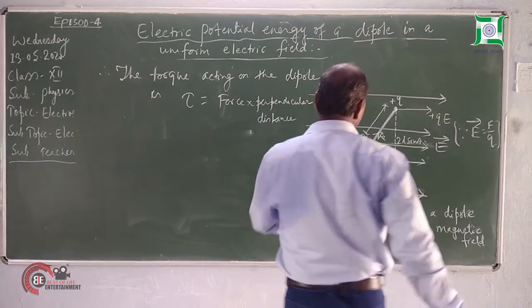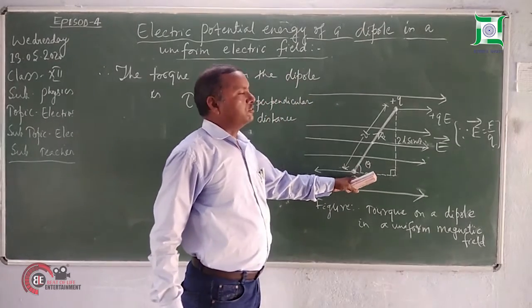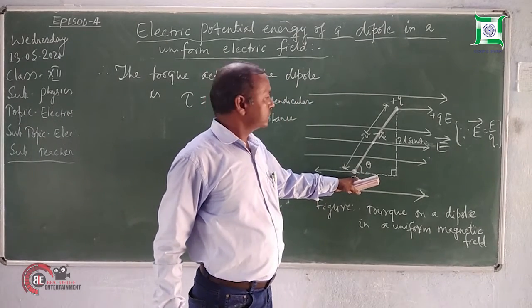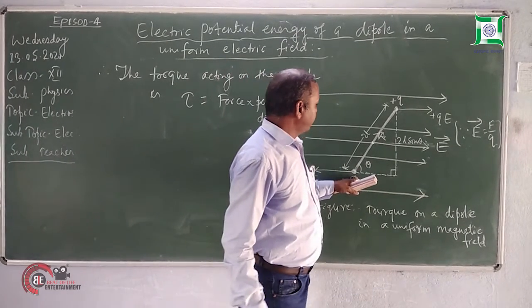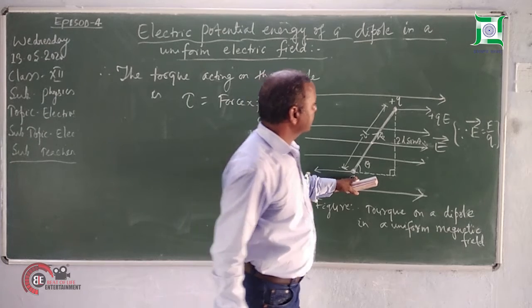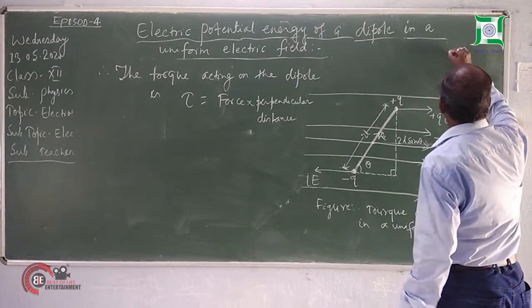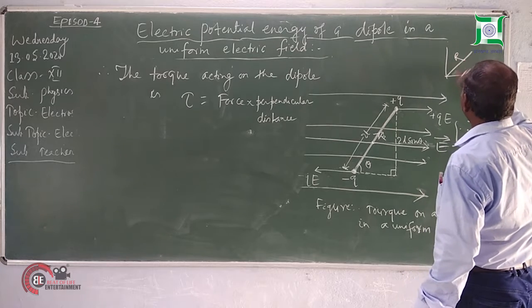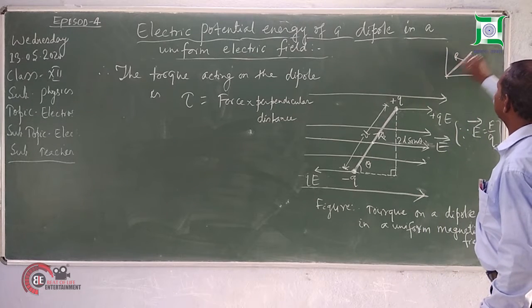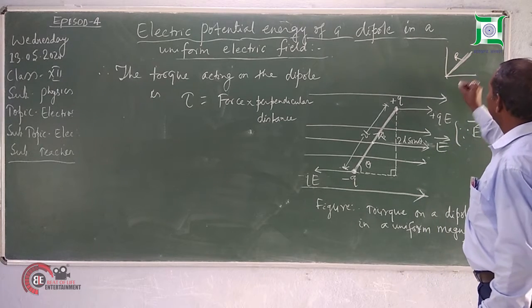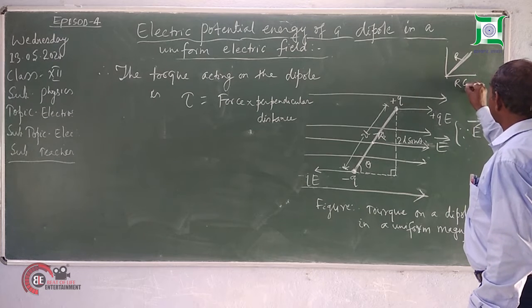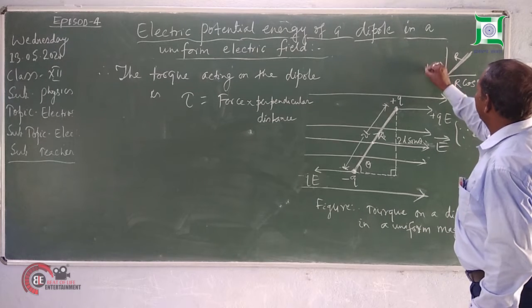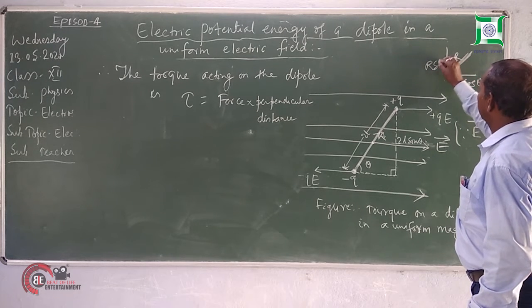You know that the projection of a vector like this, if this is R, this resultant is R, then base component is R cos theta and the perpendicular component is R sin theta.